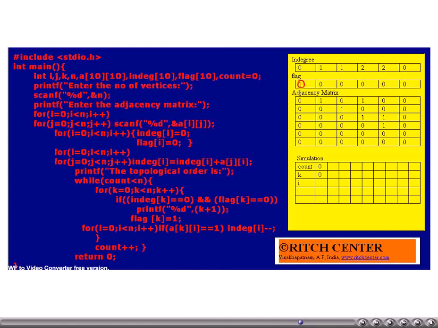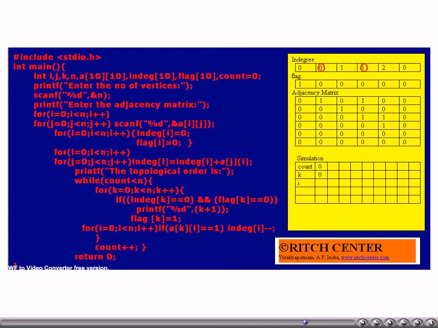So we will reduce their in degree values by 1. Thus, the in degree value of the second node becomes 0, and the in degree value of the fourth node becomes 1.